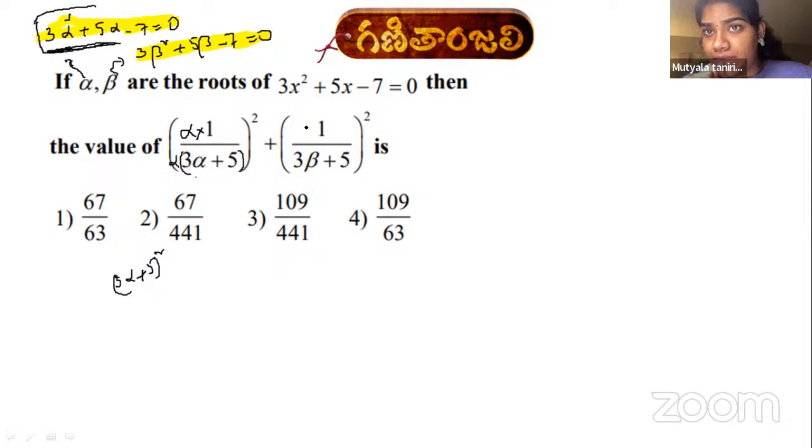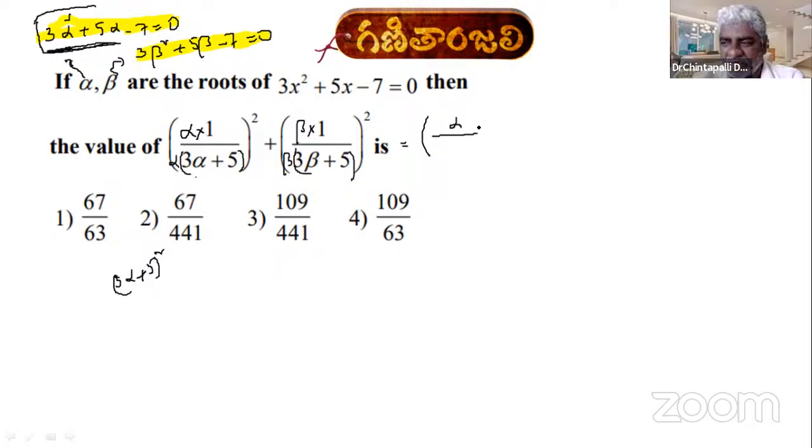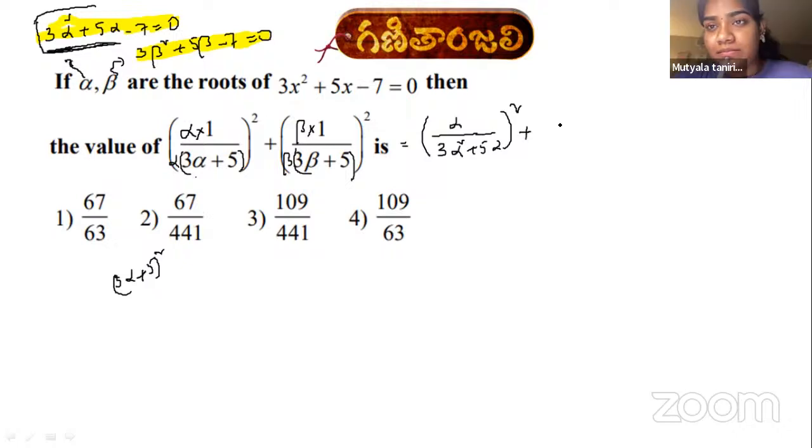What about the second term? Multiplying numerator and denominator by beta, it is beta by 3 beta squared plus 5 beta. Very good. So it is alpha over 3 alpha squared plus 5 alpha whole squared plus beta over 3 beta squared plus 5 beta whole squared.